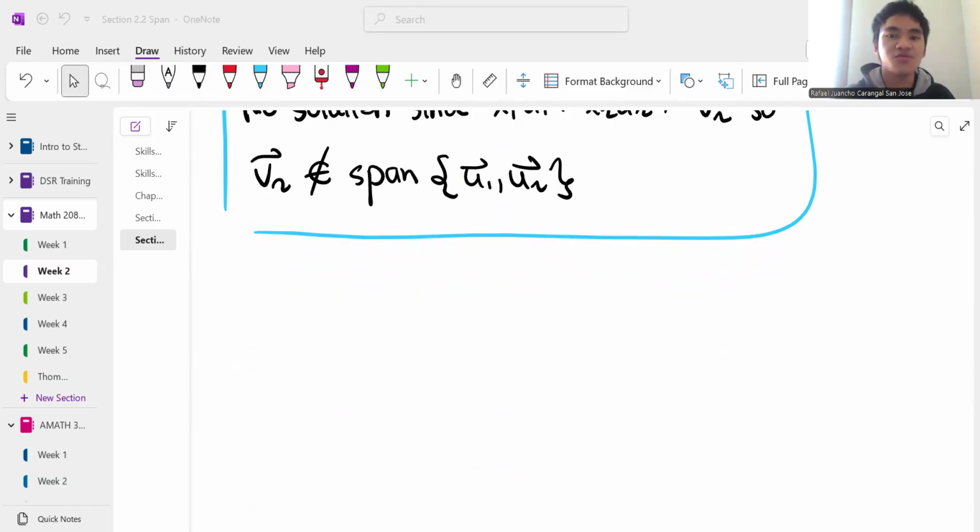Great. So another way to visualize the span of two vectors in R3 is if we actually get two pieces of string and we tie them to some solid object like a refrigerator, and we get a friend to pull the strings tight in different directions. So the strings are the vectors.